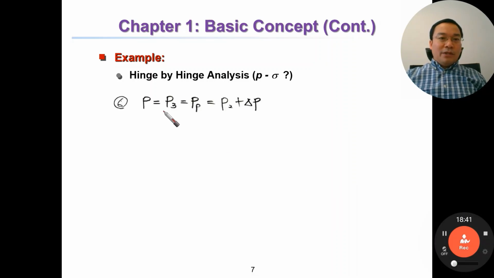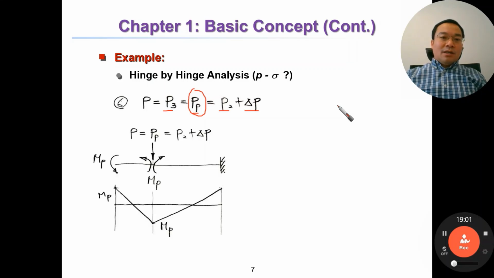Now we have P3 equal to PP. PP equal to P2 plus ΔP. That is called PP, the plastic load, a total plastic load.